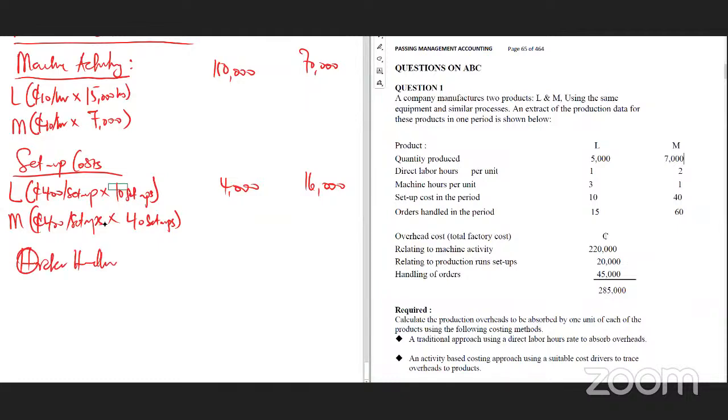right? Order handling, what was it? I think we ended up with 600 per order, not so? But how many orders were made for L? Is it not 15 orders? Yes. When we come to M, it was still 600 per order, by how many orders? 60 orders, right? Okay, so we multiply.